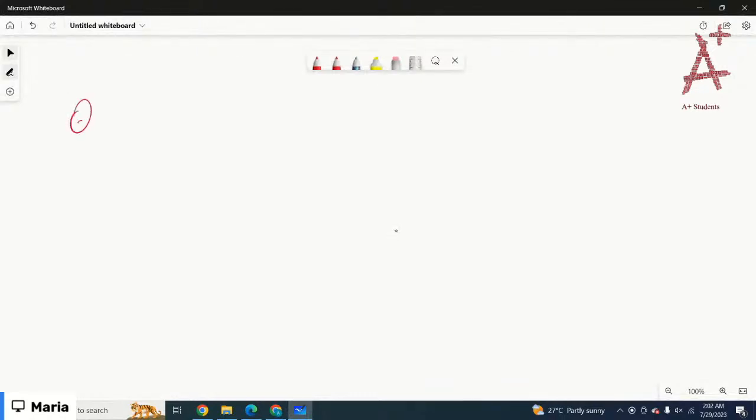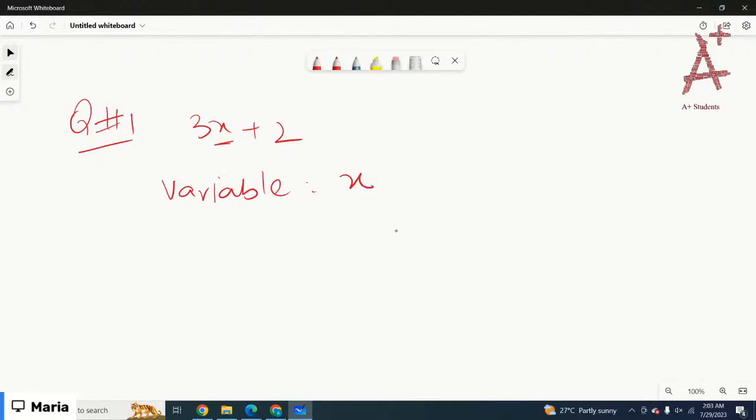Okay, that is the mathematical expression, right? Algebraic expression it is. So you have variable here is x, x is the variable and 3 is the coefficient of the variable, and the one without any variable is the constant, right?